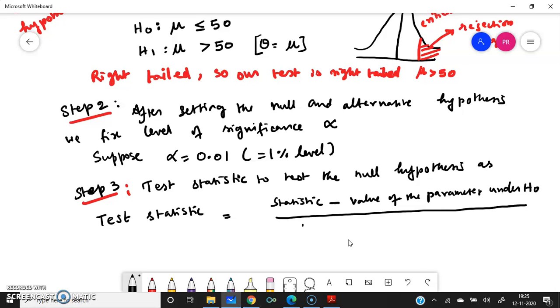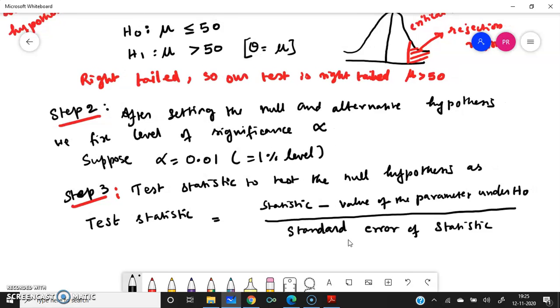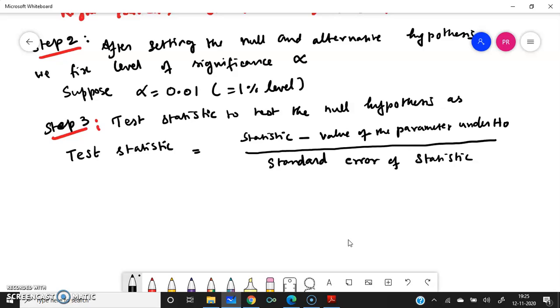Why do we divide by the standard error of the statistic? It is quite simple: whenever we take a sample, some error, minute or otherwise, will be there. In order to nullify this, we divide by it.